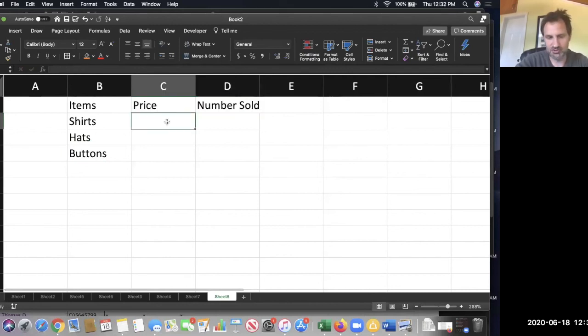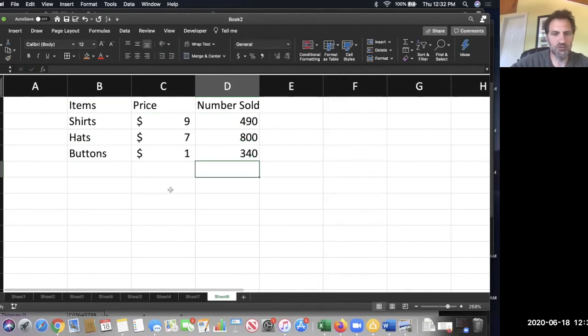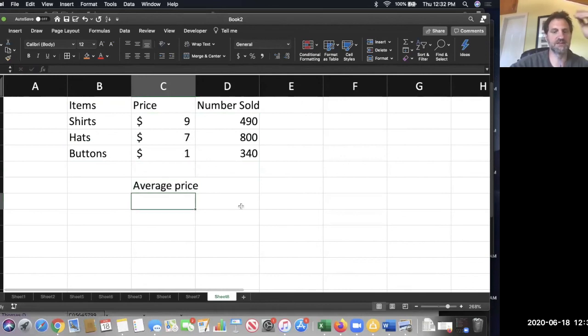So let's say that shirts are $9 and hats are $7 and buttons are $1. Okay, so I could ask myself at the end of the day or the week or whatever, what was the average price of something that was sold? So we're looking for the average price.